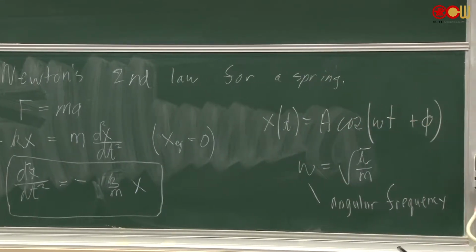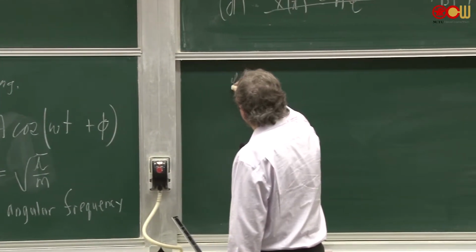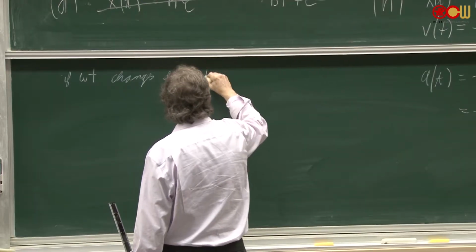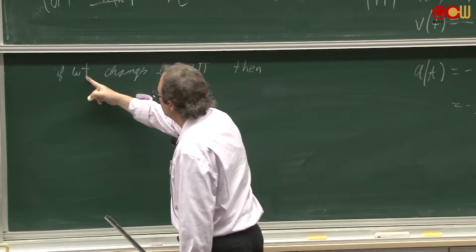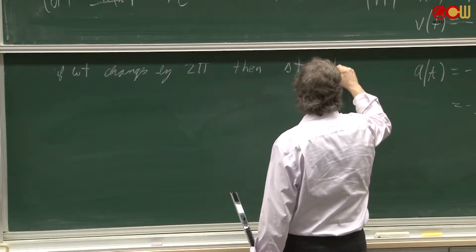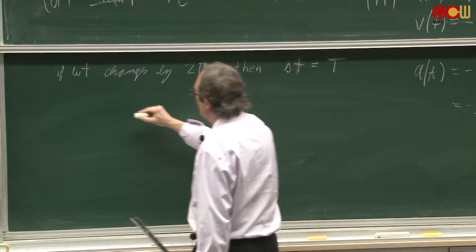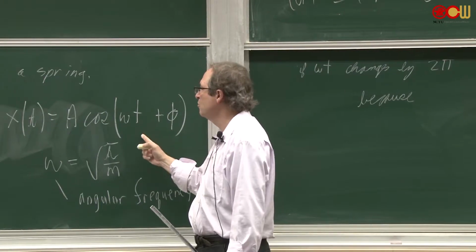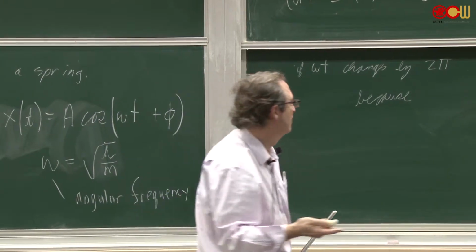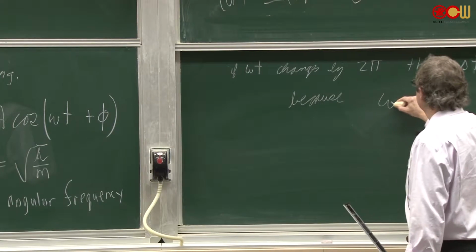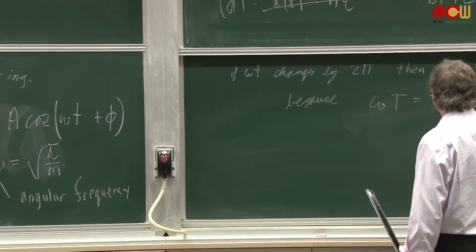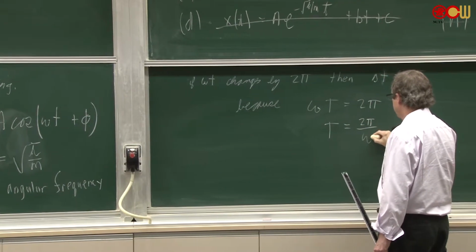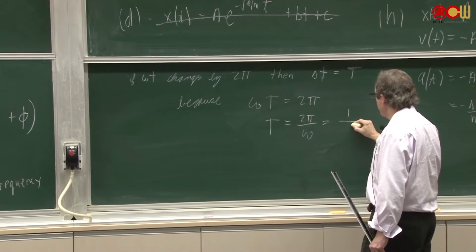Now notice that if omega t changes by 2 pi, then the change in t is called the period T, because if I add 2 pi to omega t, I get back the same thing. So this means omega T equals 2 pi, or T equals 2 pi over omega. And this is also called 1 over f.